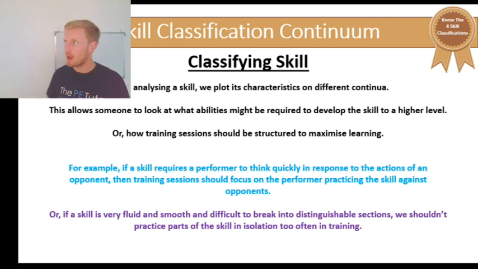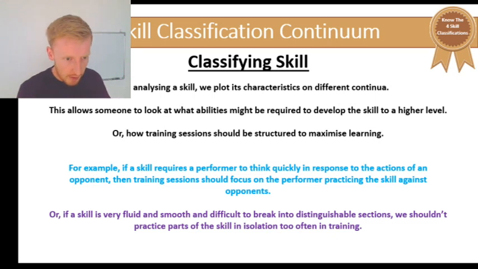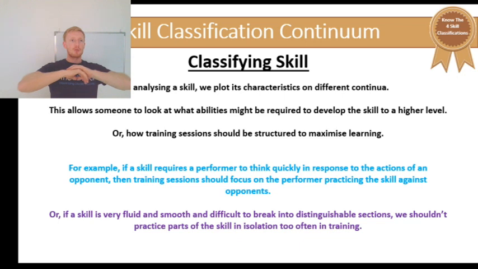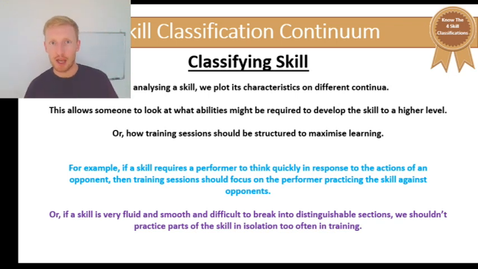Now, for example, if a skill is used or executed in and around other people, so for example in a game, an invasion game, basketball, netball, rugby, football, hockey, if you were to apply a skill or execute a skill, a lot of the time you're not just going to be able to do it in isolation.